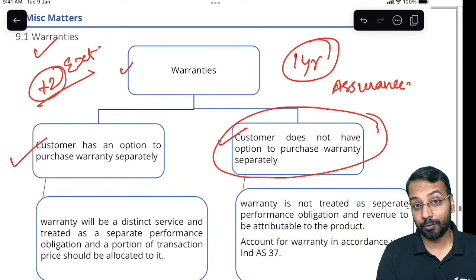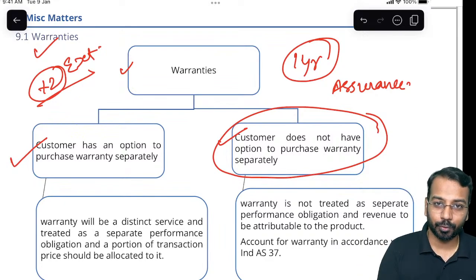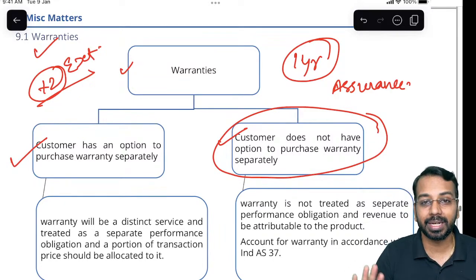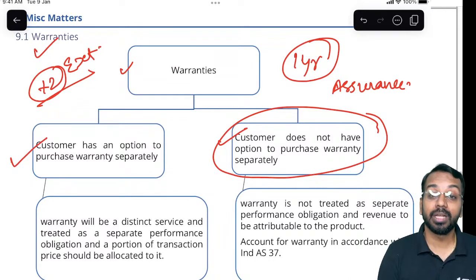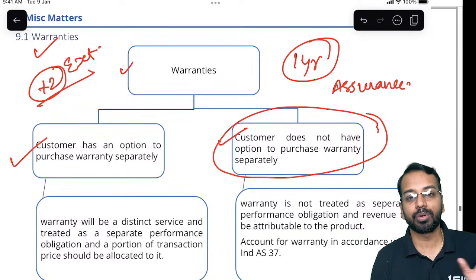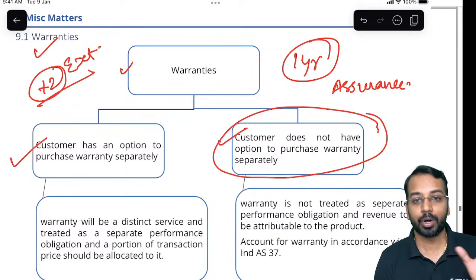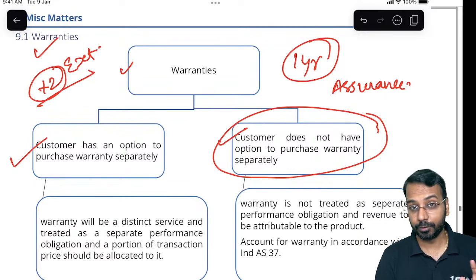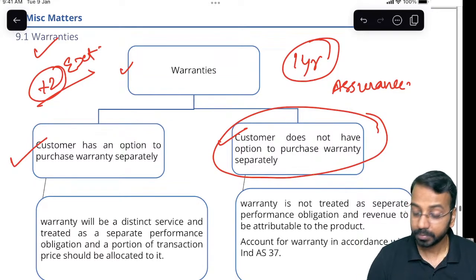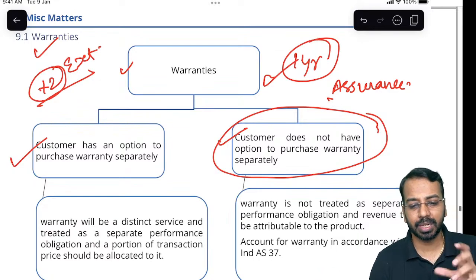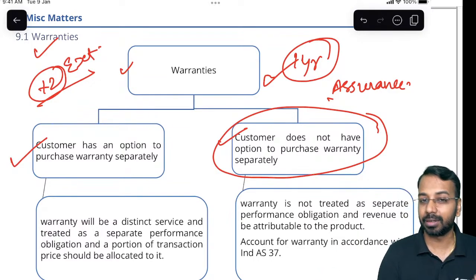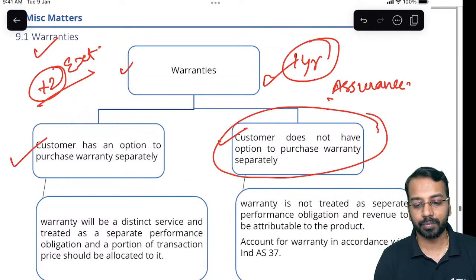The warranty is a part of the phone, and there is no option to purchase it separately. In many cases, government regulations require that you give a certain amount of warranty for some products. For example, the government says 6 months warranty should be given for mobile phones. The 1-year warranty is an assurance type warranty where you are assuring the customer that if something goes wrong, I will repair the product, repair the defective part and all of that.